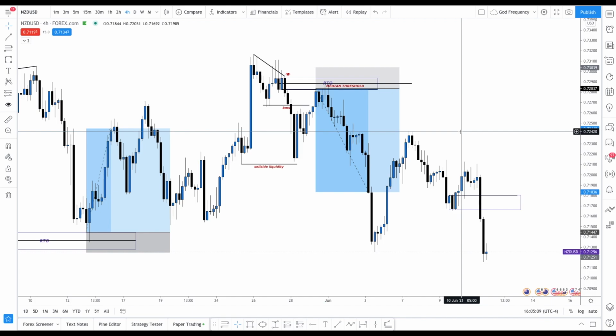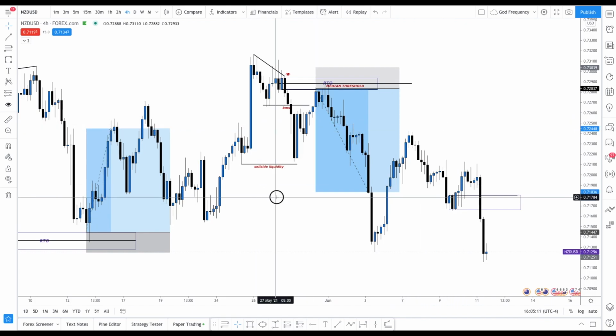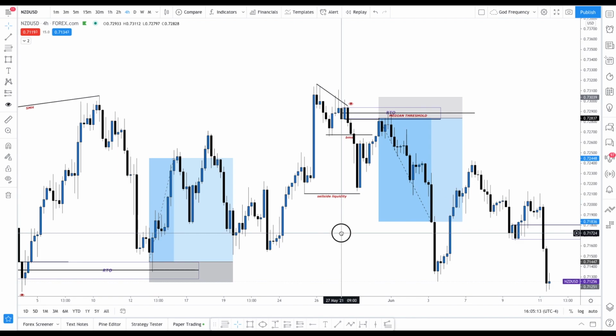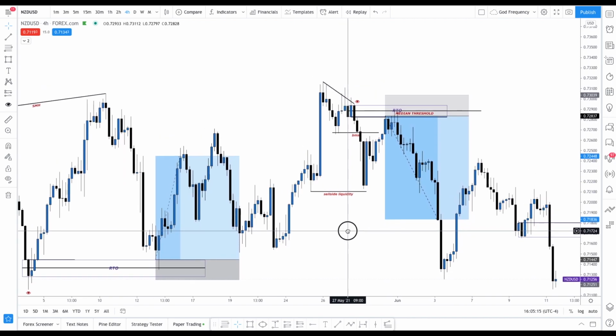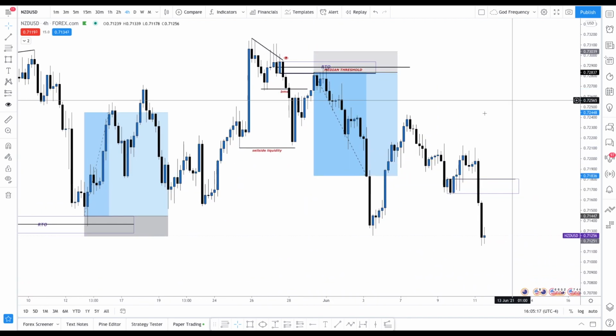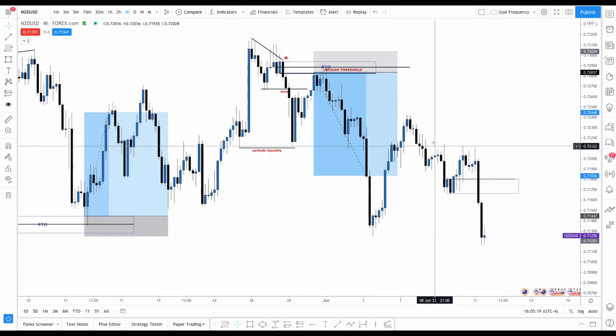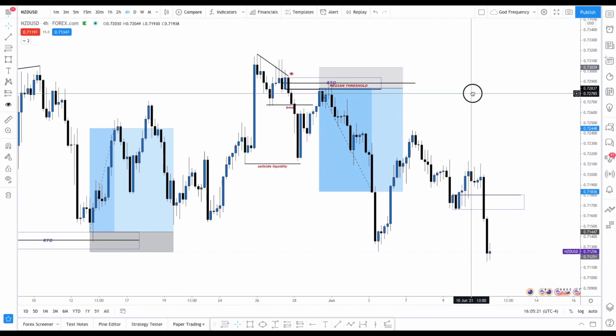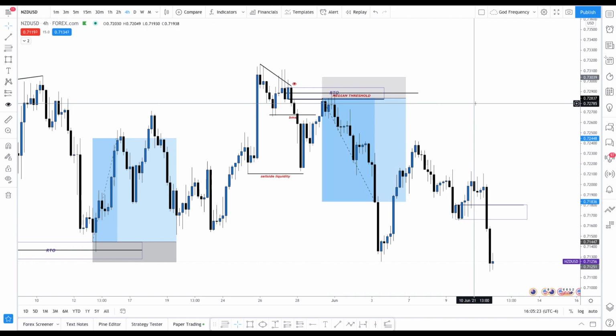You have that shift in market structure, you have sell side or buy side liquidity to be taken or raided, and you should always do your top-down analysis to really get a firm grasp on where the overall order flow is. But that is how you enter and exit trades based off of order blocks.